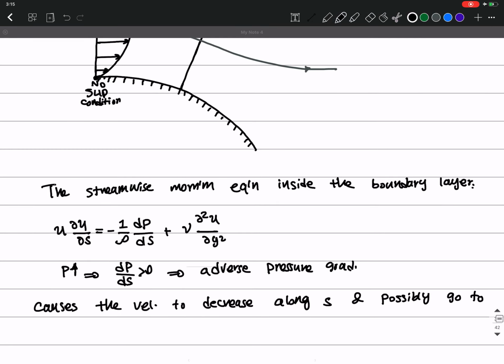and possibly go to 0 or reverse if the adverse pressure gradient is strong enough.